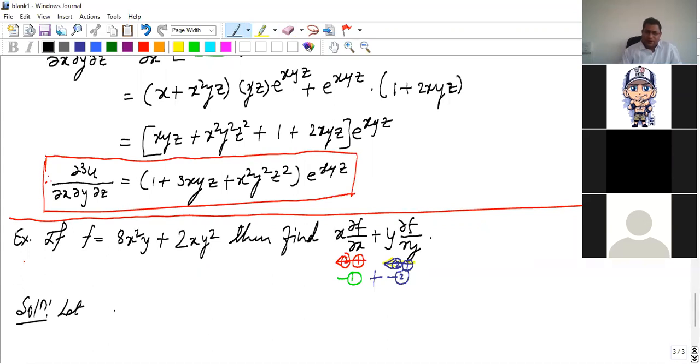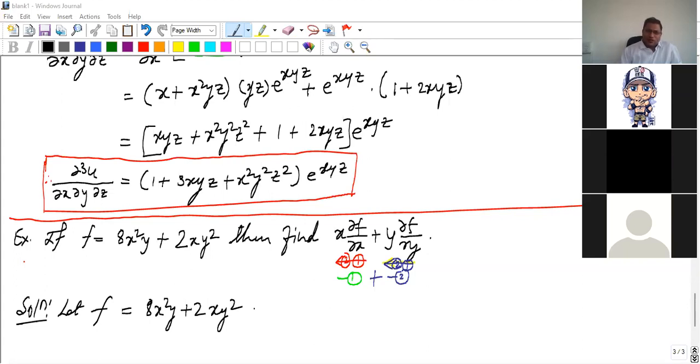So what you'll be having here, let f is equal to 8x square y plus 2xy square. Okay, so that's what we have. Let us see what we get.